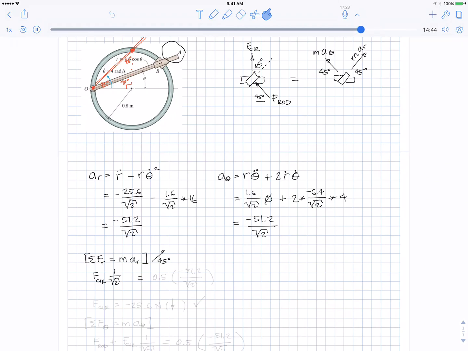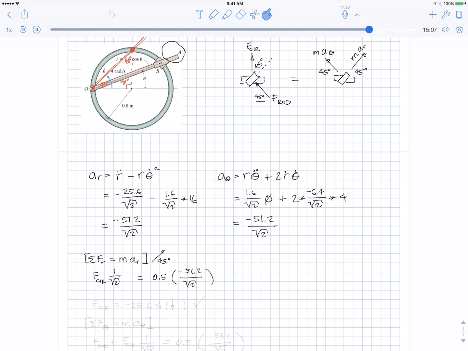the mass, which was 0.5 kilograms total, not 0.5 for each collar, making it 1 kilogram, times the radial acceleration, which was minus 51.2 over square root 2. And so that's nice.